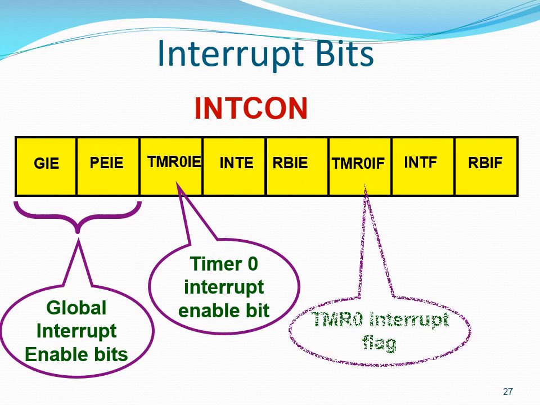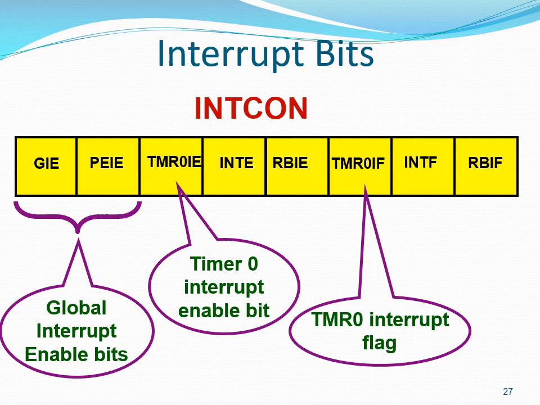Now, let's look at the bits that are used to control the overflow interrupts for the three timers. In INTCON, we have the global interrupt enable bit and the peripheral interrupt enable bit. These two bits are used to disable or enable all the interrupts and all the peripheral interrupts respectively.